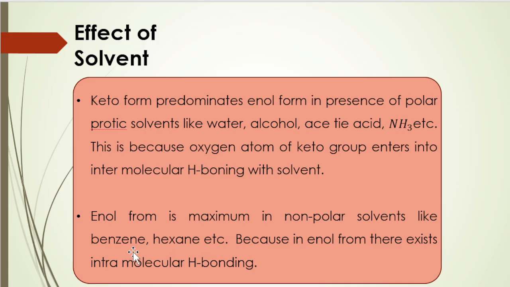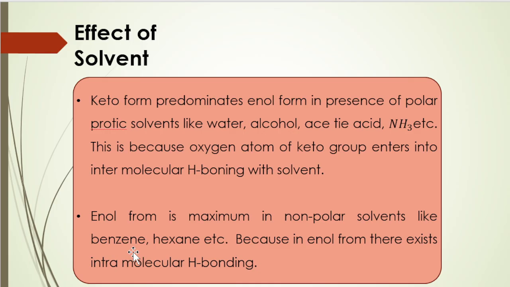Effect of solvent. The keto form predominates over the enol form in the presence of polar protic solvents like water, alcohol, acetic acid, NH3, etc. This is because the oxygen atom of the keto group forms an intermolecular hydrogen bond with the solvent.